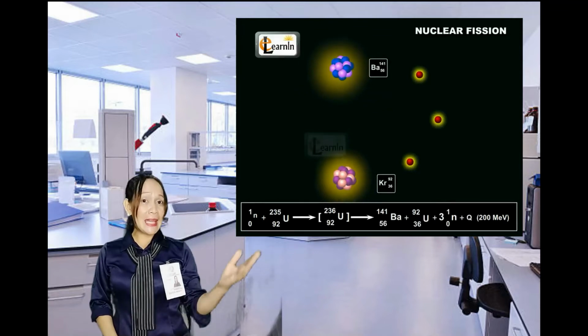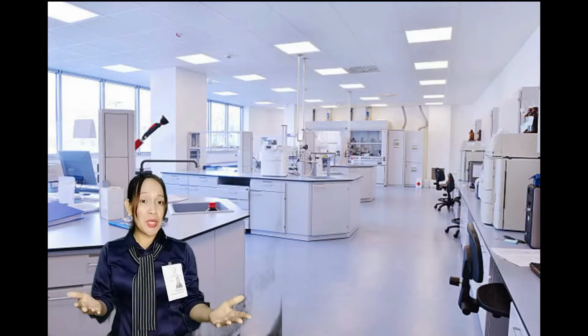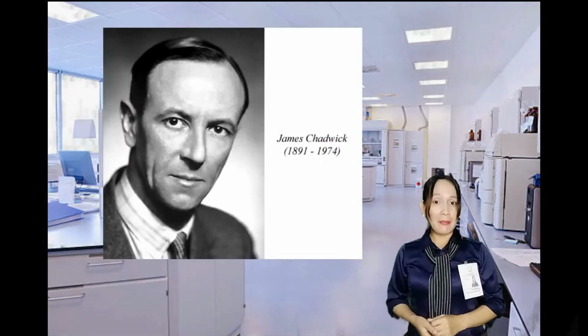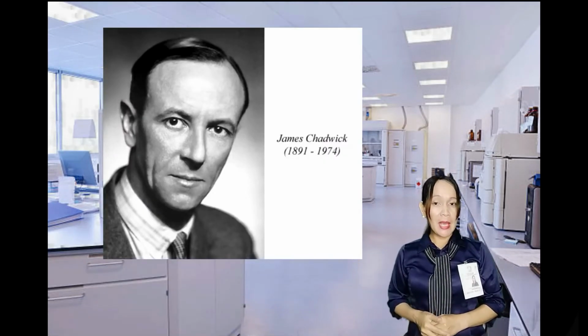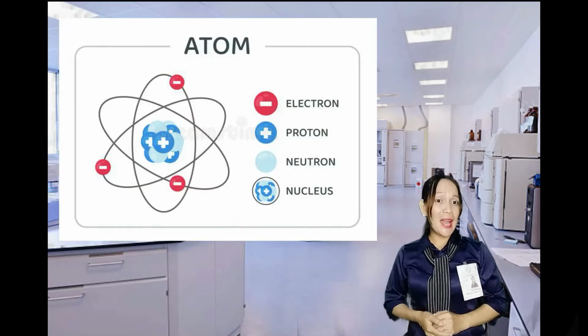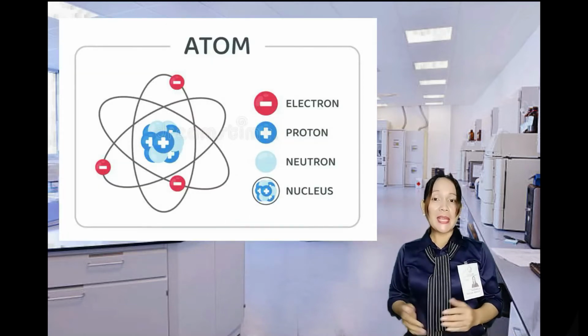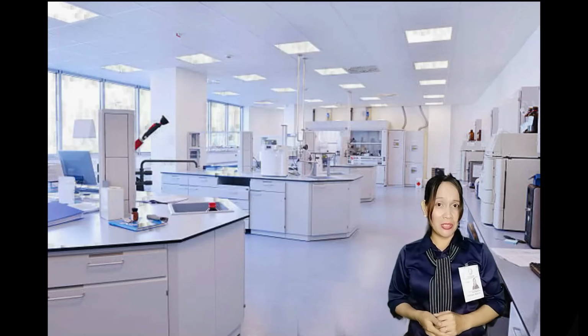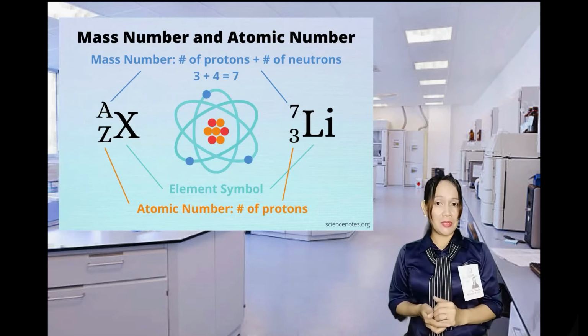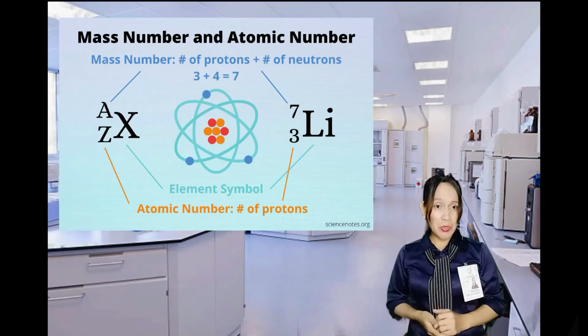Then, in 1932, Rutherford's student James Chadwick discovered the neutron, a previously unknown particle. It has the same mass as a proton but has no charge. The combined number of protons and neutrons is the atomic mass of the atom.